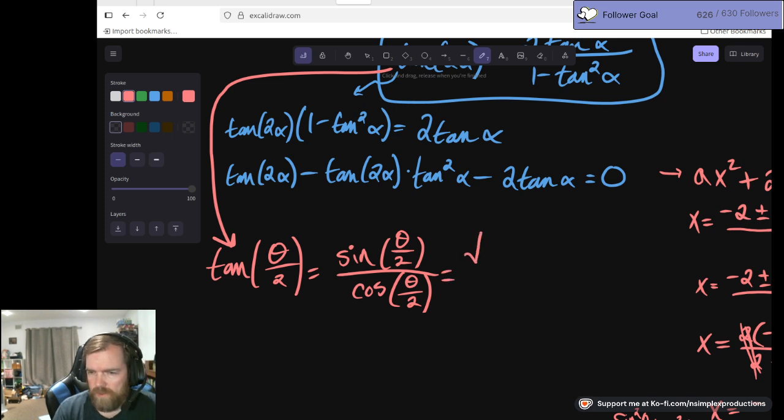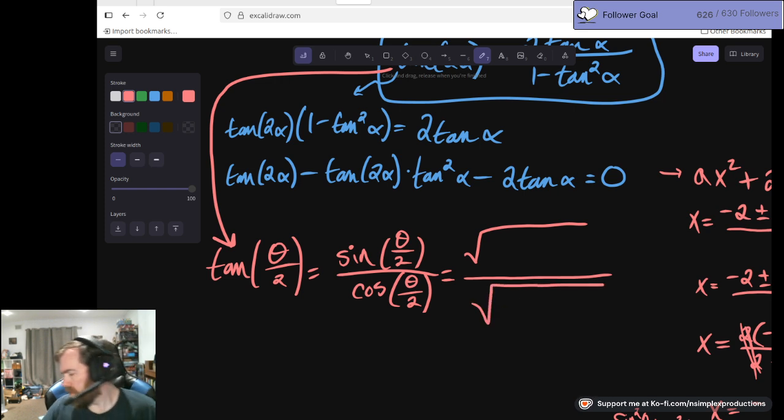Okay, which was the square root of... and so both of these are plus or minus, but realistically it just depends on what quadrant you're in.